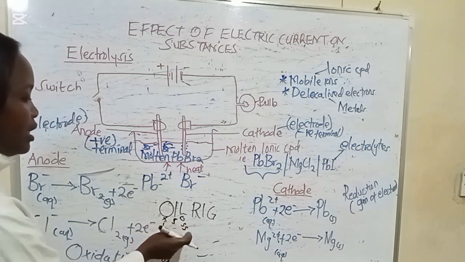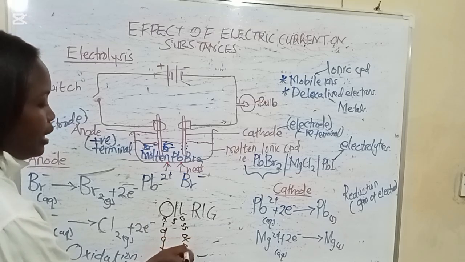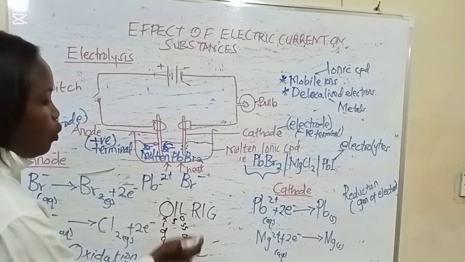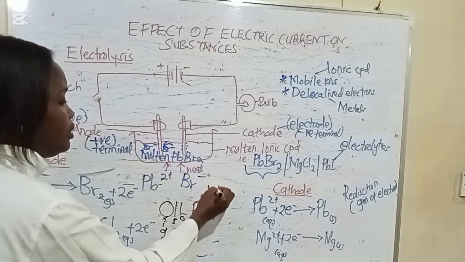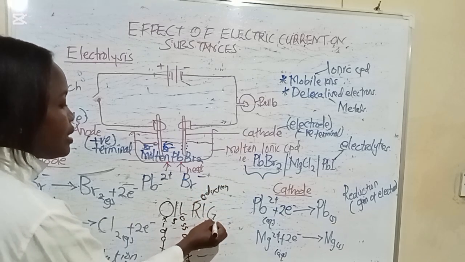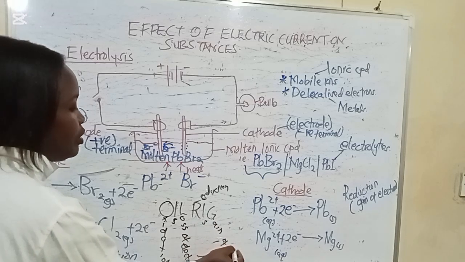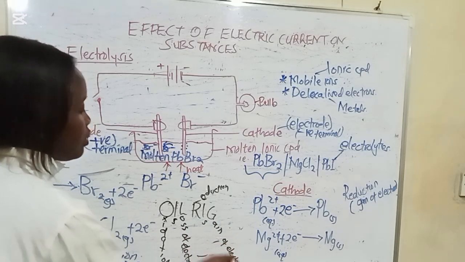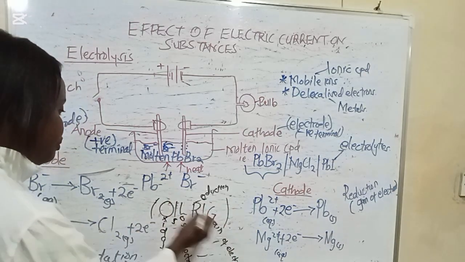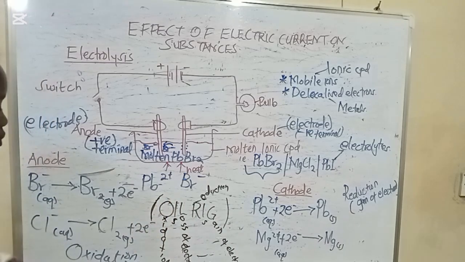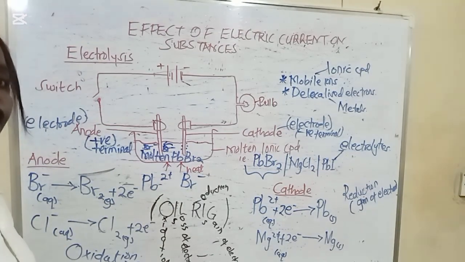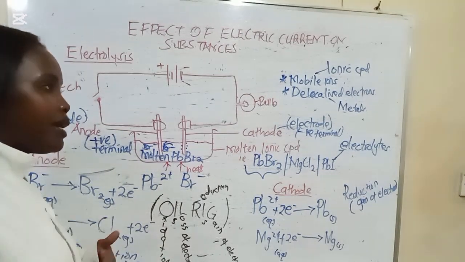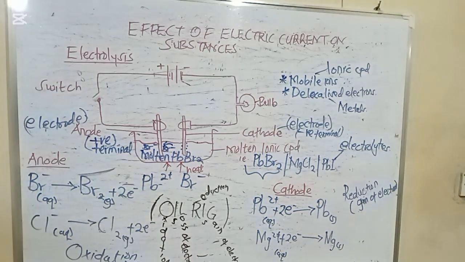So oxidation is loss of electrons, while RIG means reduction is gain of electrons. So this is one mnemonic that you can use to remind yourself what oxidation and reduction is.